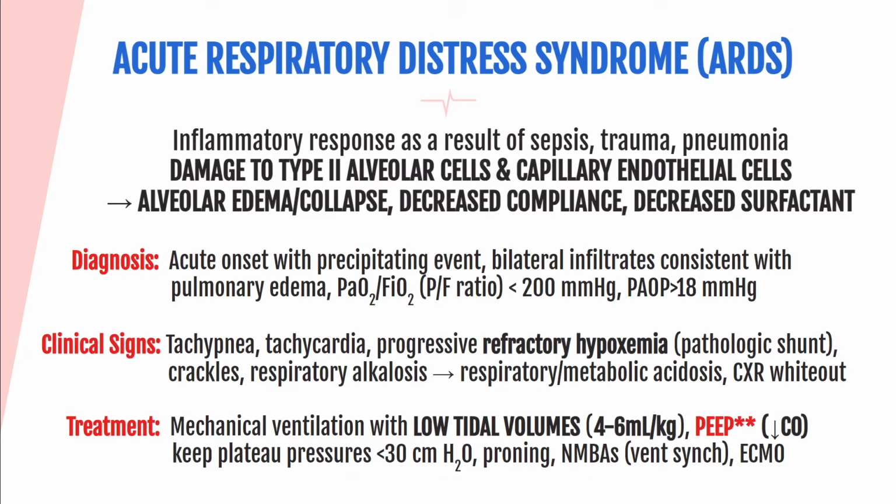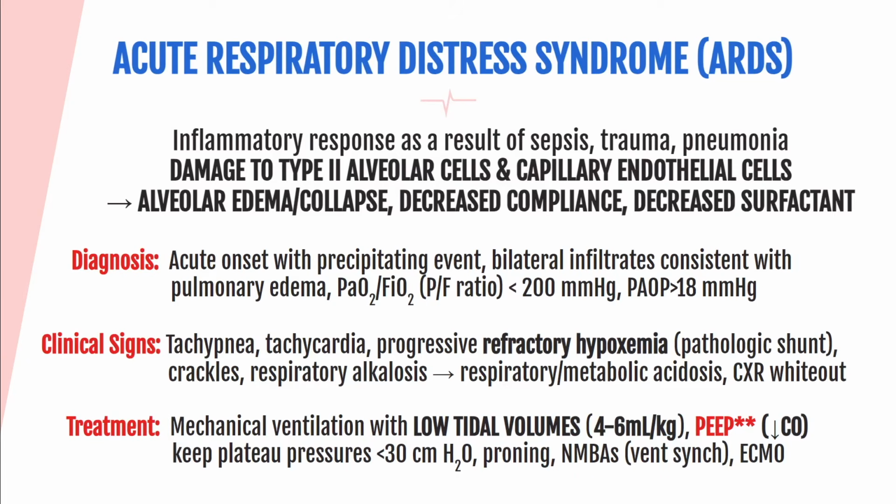And we want to keep our plateau pressures less than 30 centimeters of water. And remember, we can lower our plateau pressures by decreasing our tidal volume. And we don't want the tidal volume to be more than what value? Not more than 4 to 6 milliliters per kilogram.